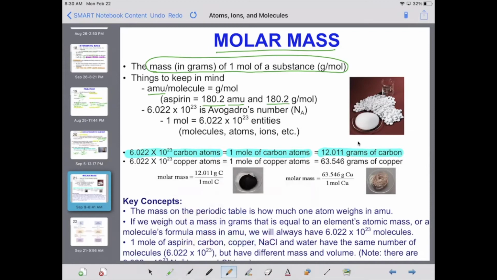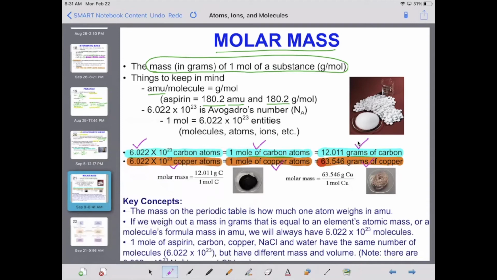If we look at copper, 6.022 times 10 to the 23rd copper atoms is equal to 1 mole of copper atoms is also equal to 63.54 grams of copper. So atomic mass units equals grams per mole. Now we have these new conversion factors that are going to help us with dimensional analysis. And we can use any of these 3 for our factor conversions.